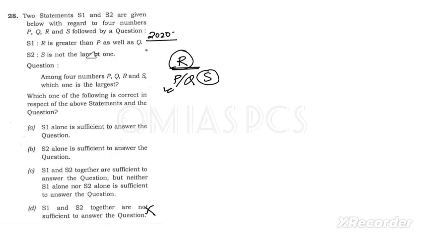The second one is S is not the largest one. Out of P, Q, R, S, it is given that S is not the largest one. That's fine, we can say S is below, but which one is largest, P, Q or R?